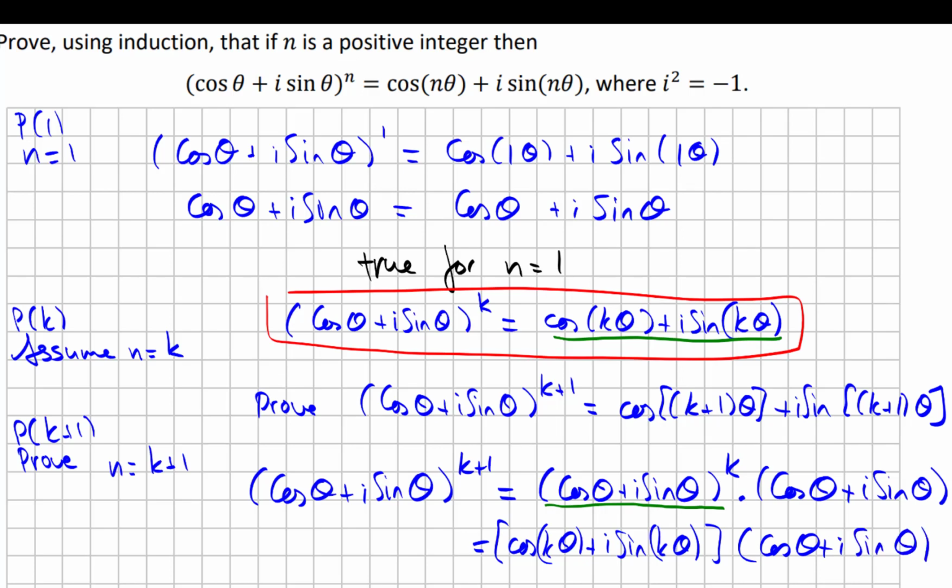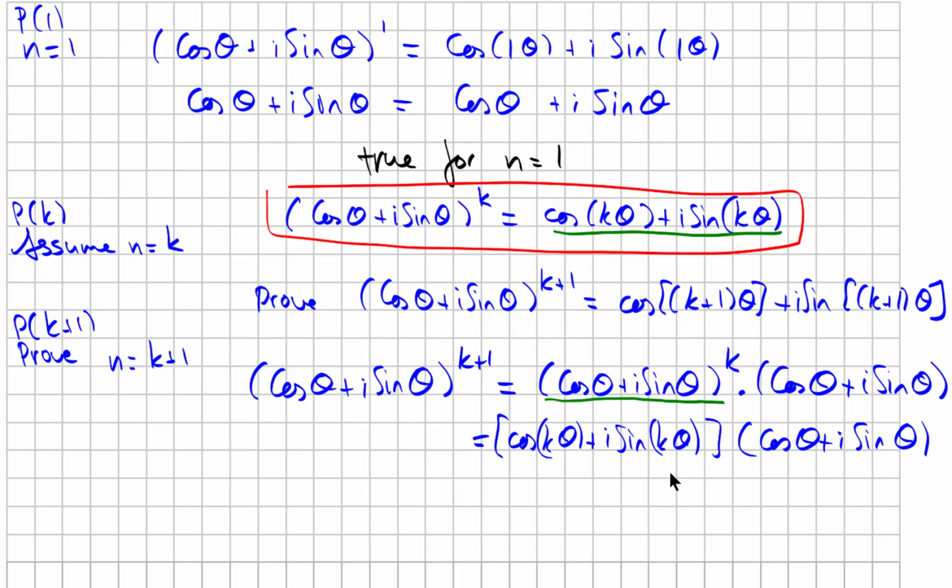Then what happens next is we just multiply it out, bracket by bracket. So cos k theta by cos theta, you just call that cos k theta cos theta. Then cos k theta by i sin theta, so plus i cos k theta sin theta.